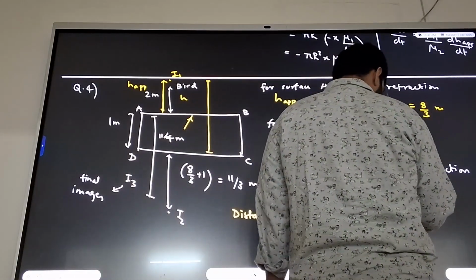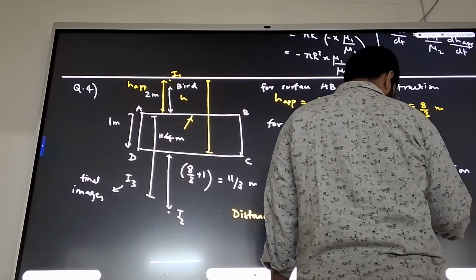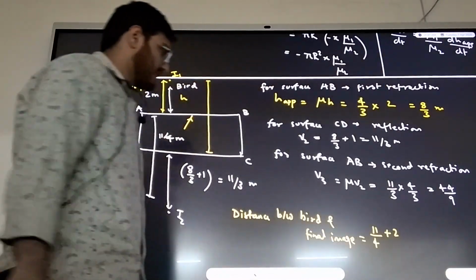So multiply by 4 by 3? 44 by 9, this is coming out wrong.